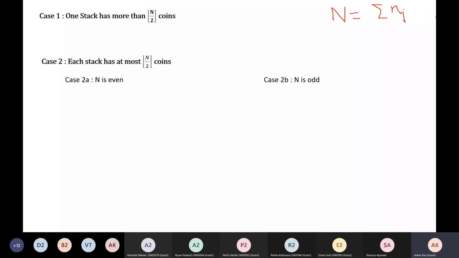Now, for case two, I think it's pretty easy actually.